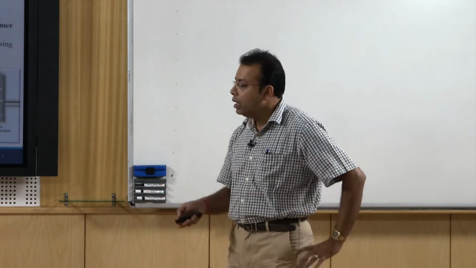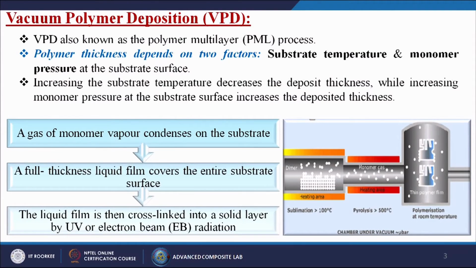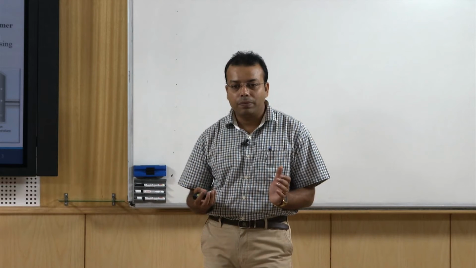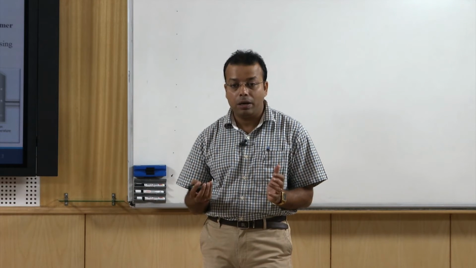Not only that, we can increase or decrease the layers on the substrate. A gas of monomer vapor condenses on the substrate, and a full thickness liquid film covers the entire substrate surface. The liquid film is then cross linked into a solid layer by UV or electron beam radiation. So, first it is like a paint.